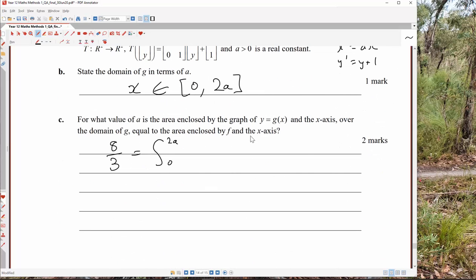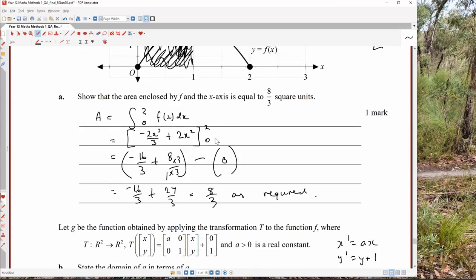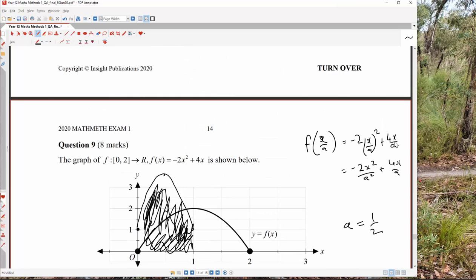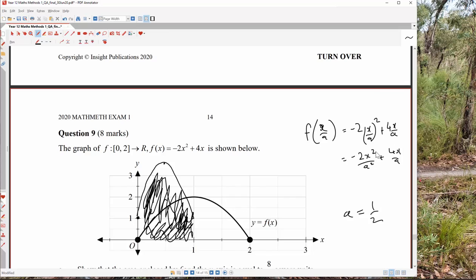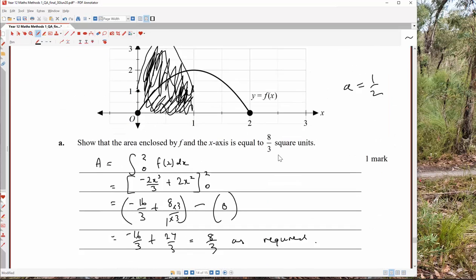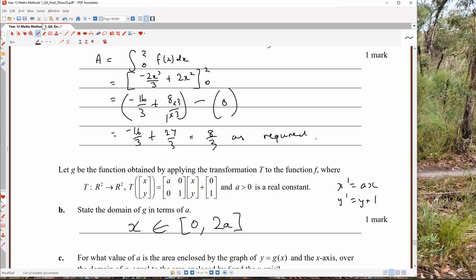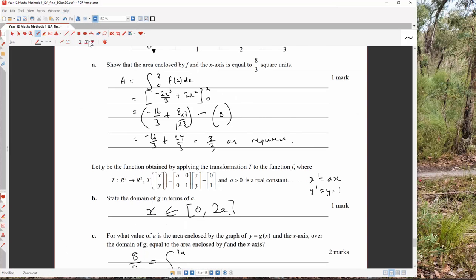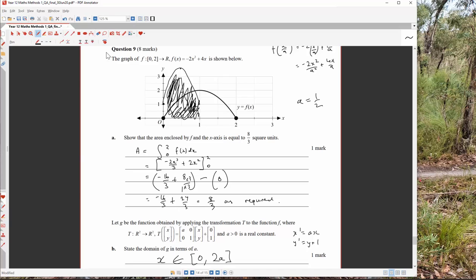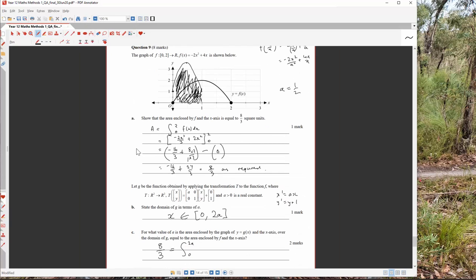And then we have to add 1 to it as well. It's the problem with doing papers on these things, you can't actually see too far above. So we've got negative 2x squared over a squared plus 4x over a plus 1 dx.